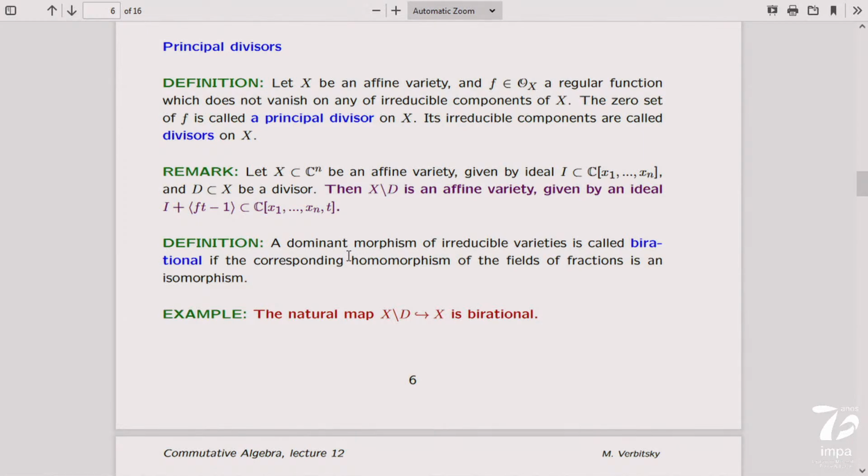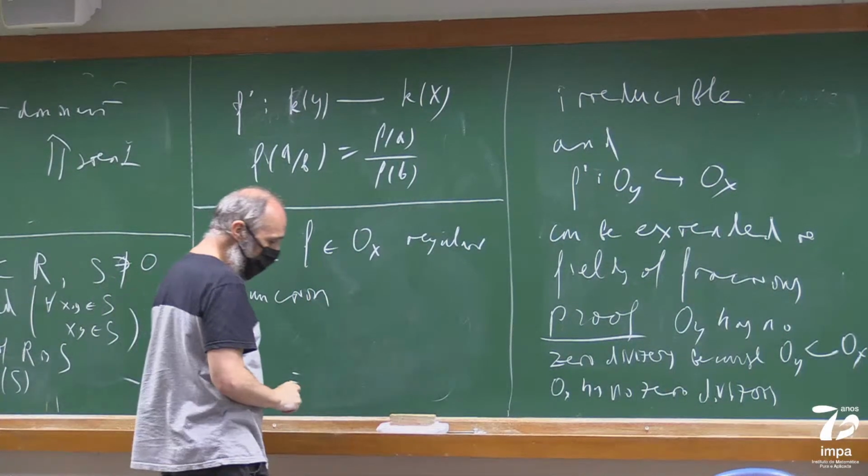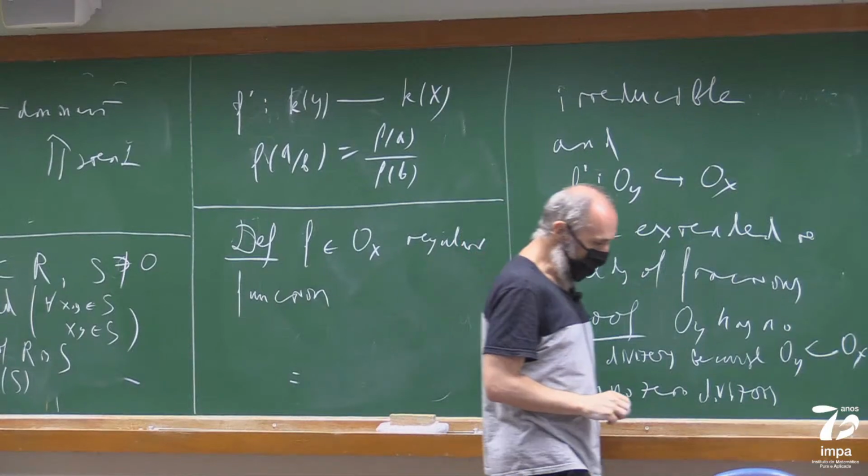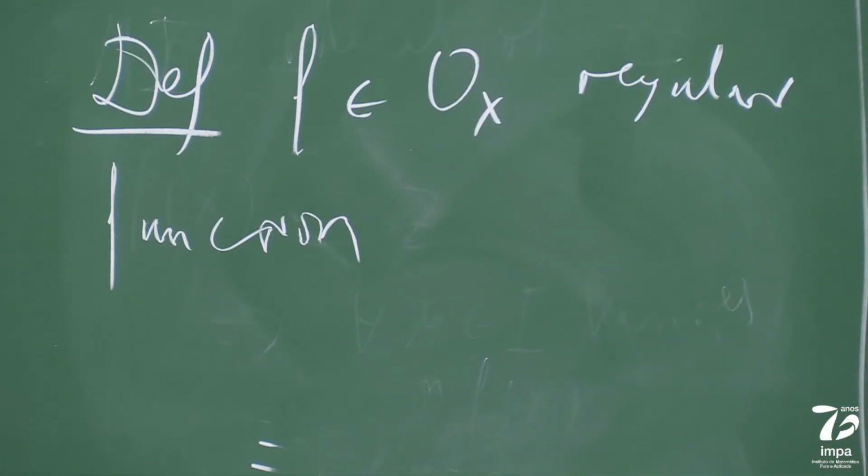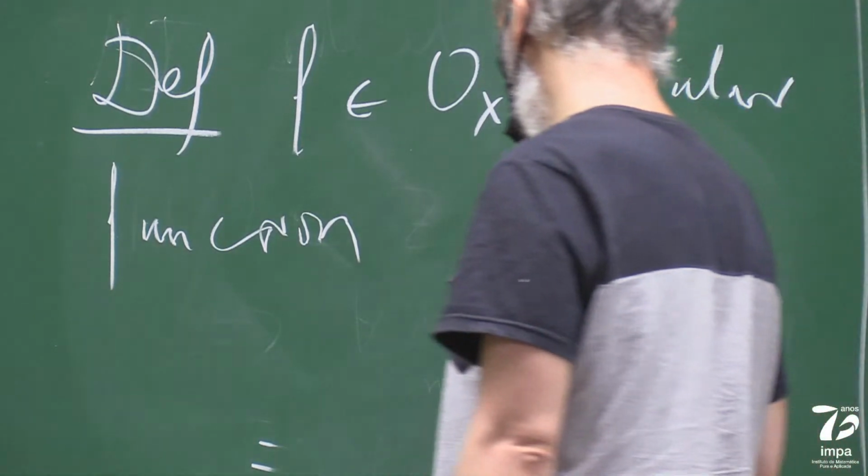So definition. Suppose that you have a subvariety in X, well, you have a regular function f inside O_X. Well, we want it to be really a divisor. If you have several components, we want it to be a divisor in each component, so we want it to be non-zero.